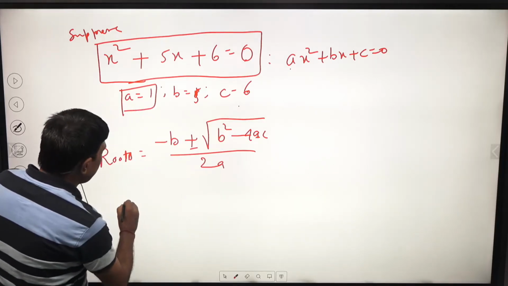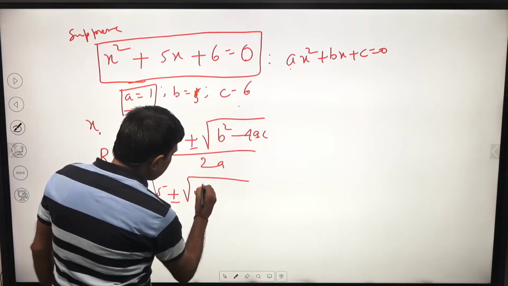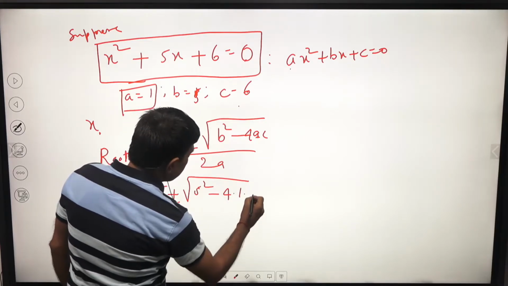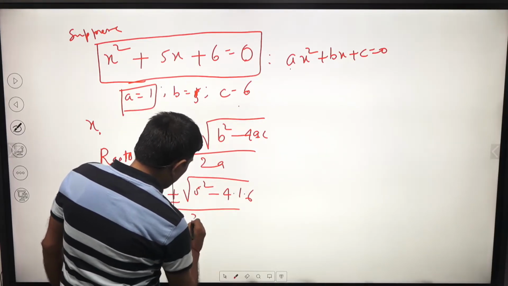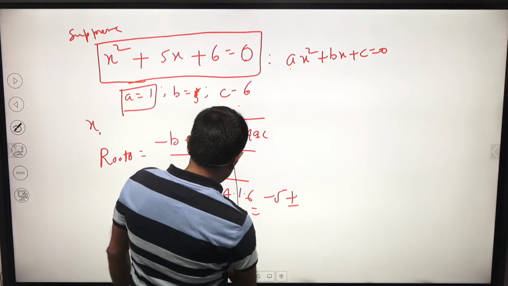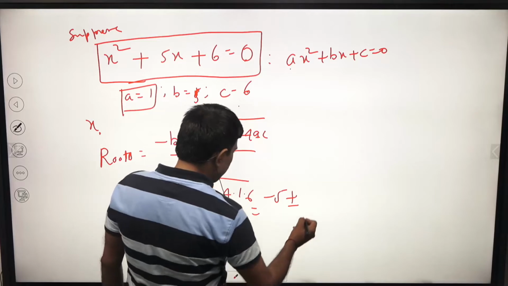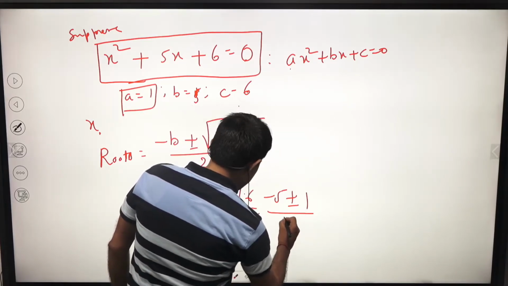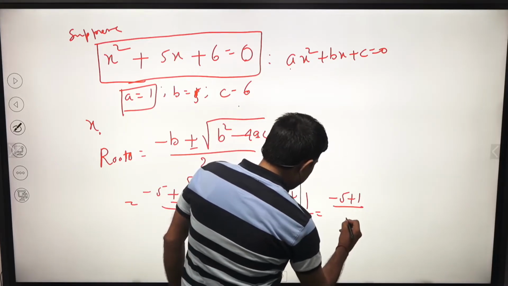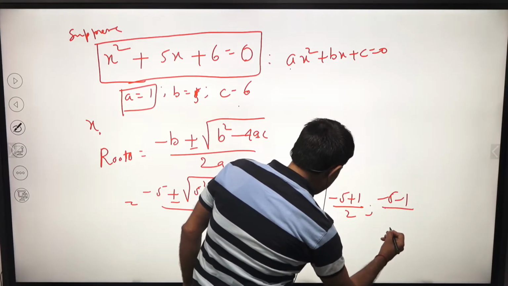Putting in the values, b is equal to 5, so minus 5 plus minus root under 5 square minus 4ac. Here a means 1 and c means 6, upon 2a, that is 2. So minus 5 plus minus root under 25 minus 24, which is 1, so the root is 1. Then minus 5 plus 1 divided by 2, and second is minus 5 minus 1 divided by 2.